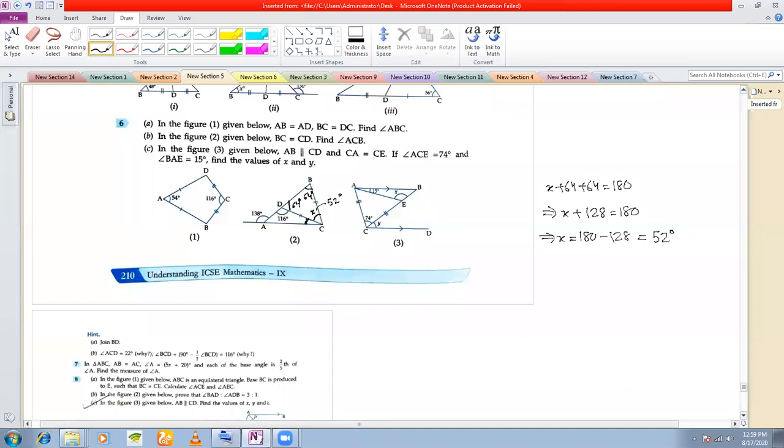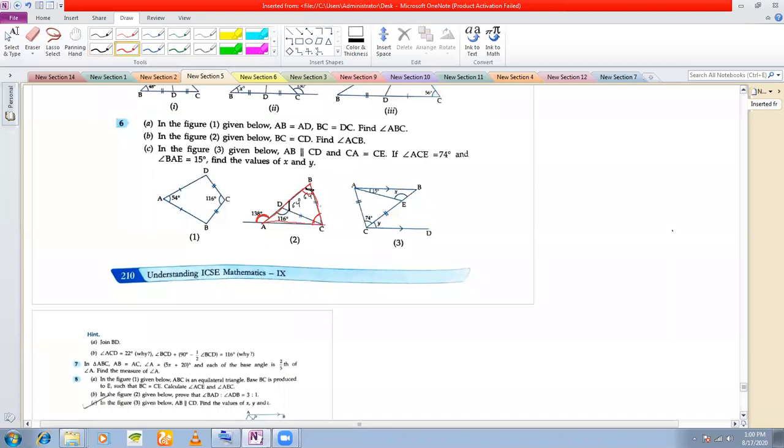Or okay, instead of doing this, what you can use directly. Yes, instead of finding this x, no need to do all this. What you can also do is you have found out this angle to be 64. These two angles are 64. Now see, in this red triangle, this is the exterior angle, right? Which must be equal to the sum of interior opposite angles, these two angles.